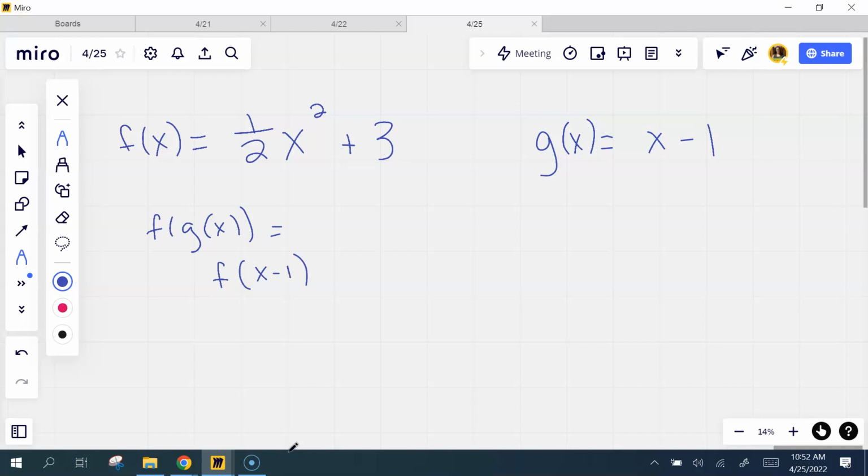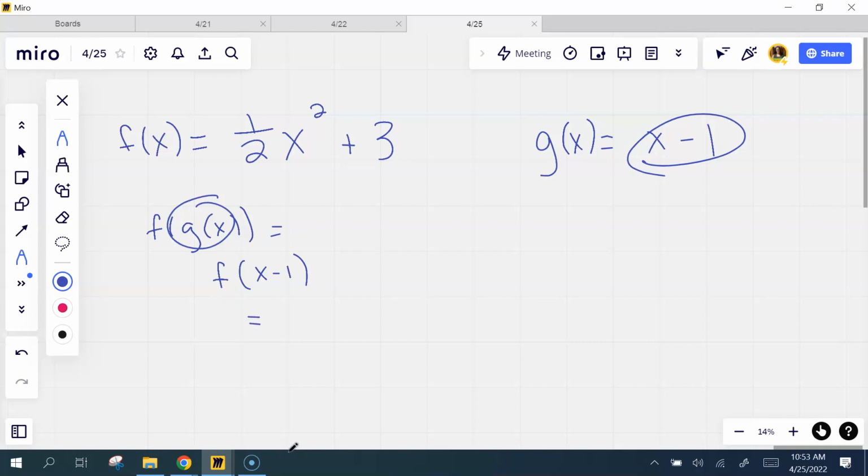Everybody agree with that step? All I did was, what is g of x? G of x is x minus 1. Now I'm going to look at f, and everywhere f has an x, I'm going to replace it with x minus 1.